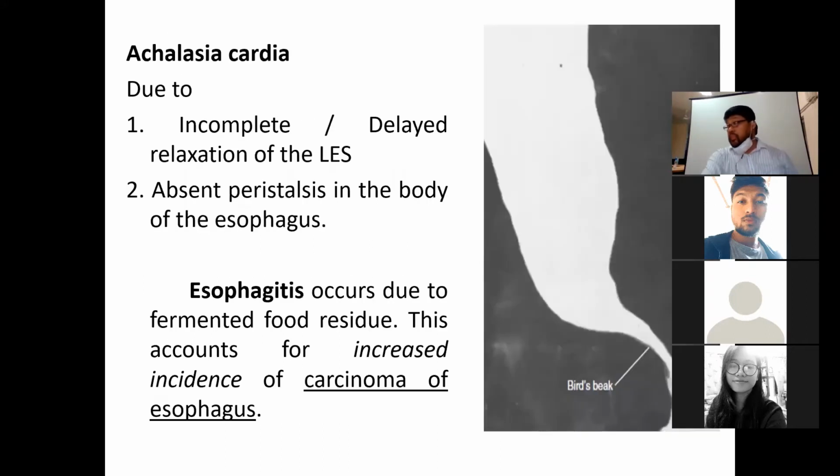Achalasia cardia is due to incomplete or delayed relaxation of the lower esophageal sphincter, and there is absence of peristalsis in the body of the esophagus. We have already discussed this in the previous lecture. Typically we get the bird beak appearance or rat tail appearance.